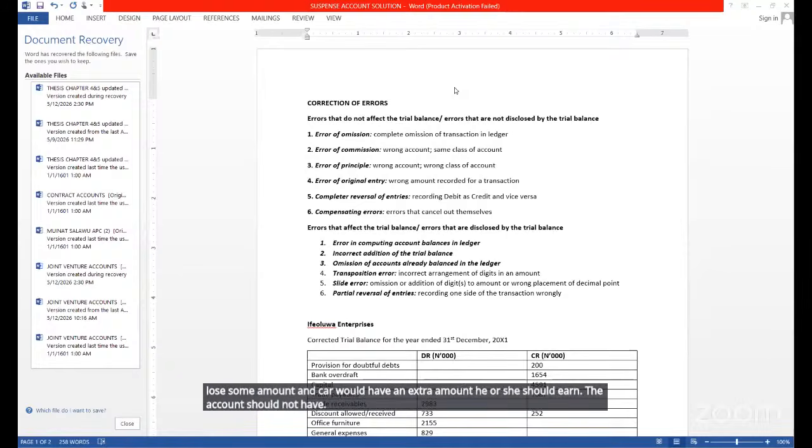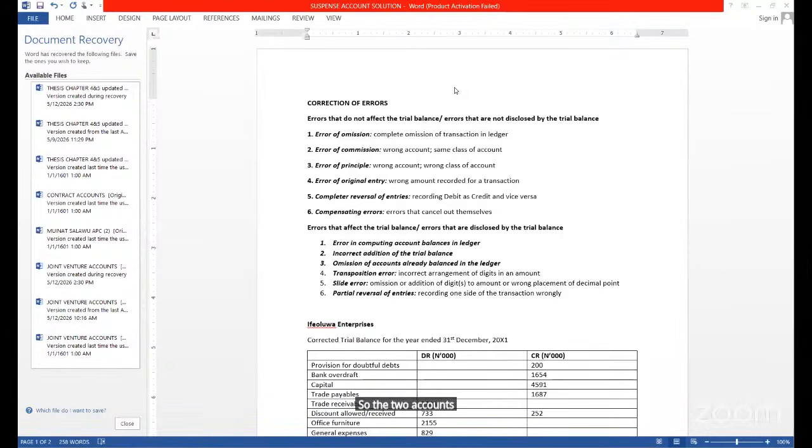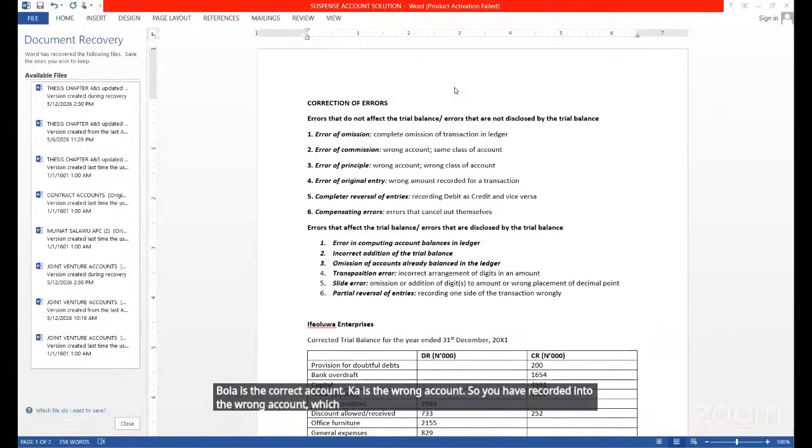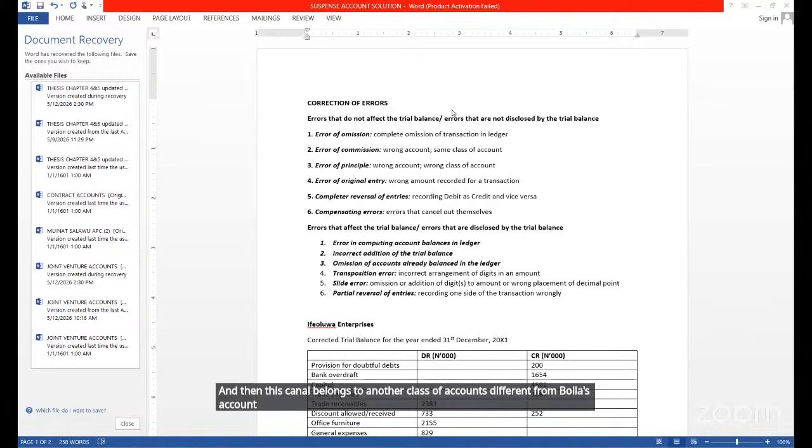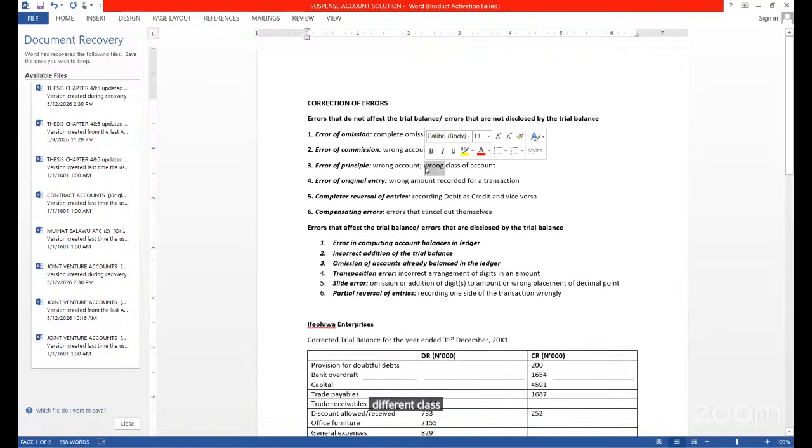So Bola is the correct account, car is the wrong account. So you have recorded into the wrong account, which is car. And then this car now belongs to another class of account, different from Bola's account. Are we together? So different from the class of account of Bola. Is that clear, please?